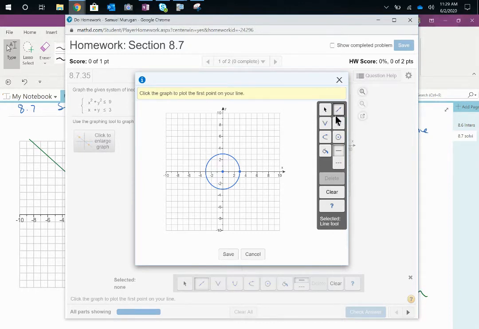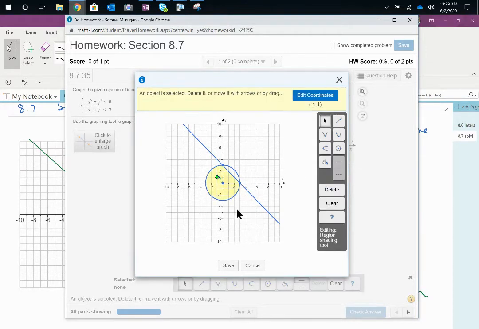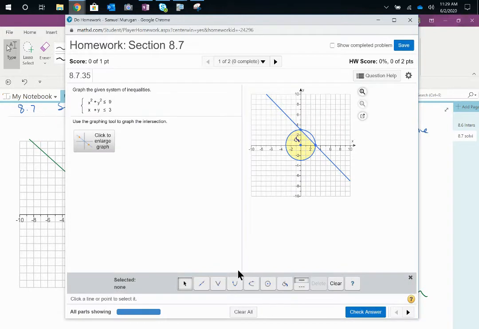Now by default it's a solid line, okay, and you put your straight line passing through 3 and 3. And then you have to figure out that the shading is inside of this part where the 0, 0 is. So you use the paint bucket, tip it into that part, and save it. Okay, and check your answer.